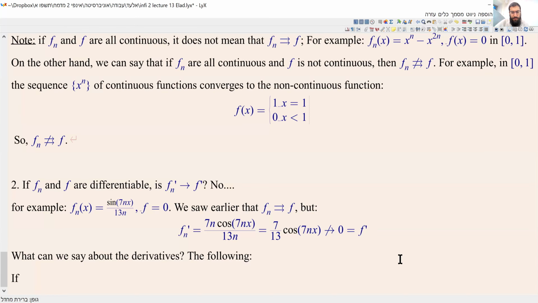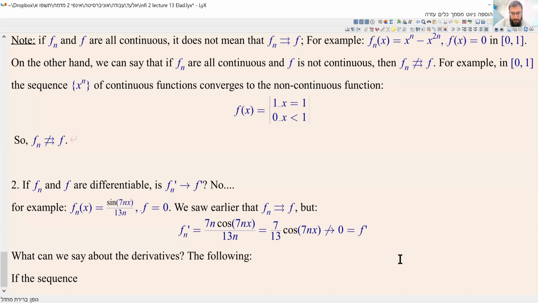If we are going from the derivatives, we can get something about the original functions, and not what we try to do here, getting something about derivatives from the original.